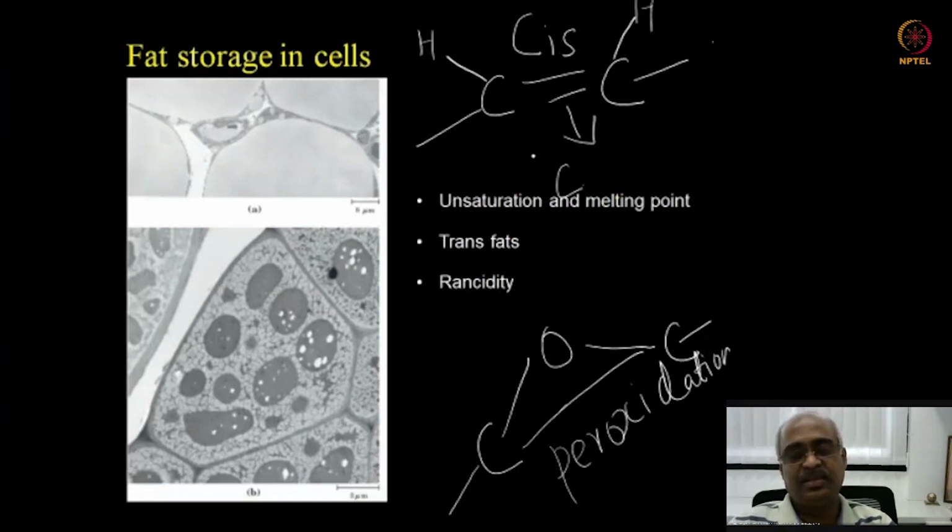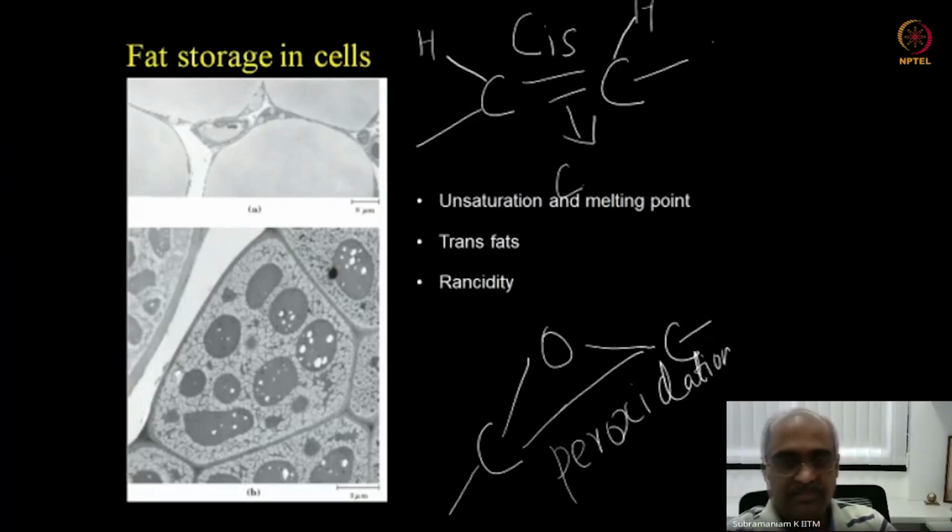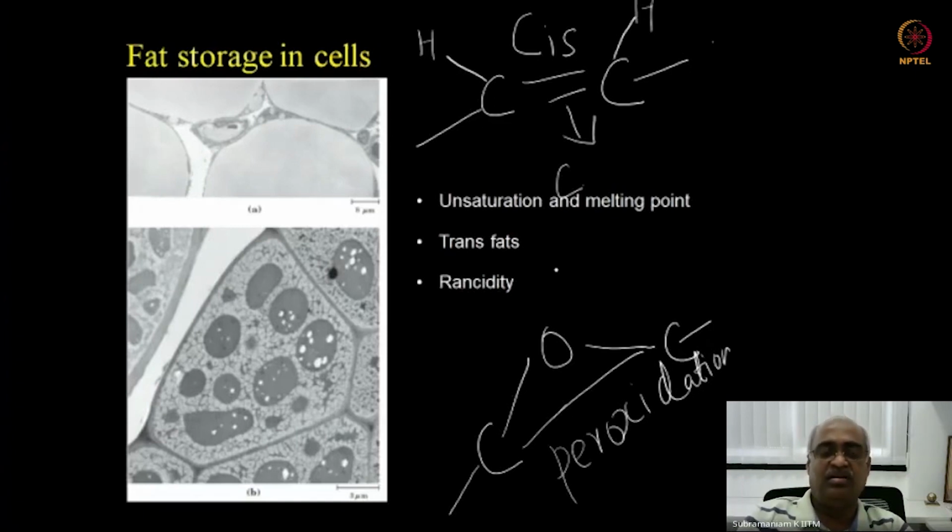So this cis-trans possibility arises due to this double bond and the prevention of rotation of these groups around this bond. And due to that, you have these isomers possible, and naturally occurring unsaturated fats are all cis isomers.